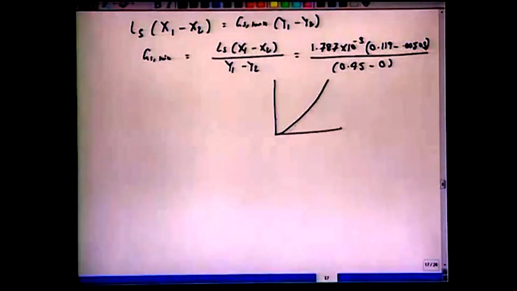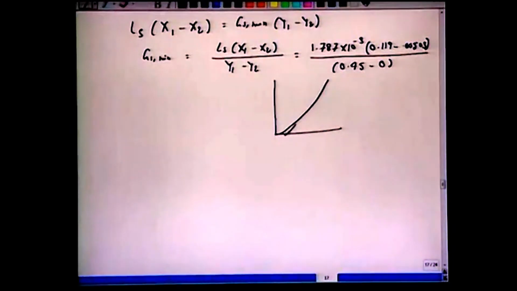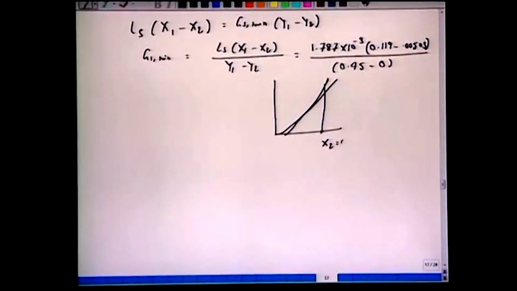That would be from your equilibrium curve. From here we have drawn this tangent, okay, and we had this x2 which was given to us, at 0.119, from the slope Ls by Gs min corresponding to this minimum amount of Gs. We have this curve, this point given as y2.